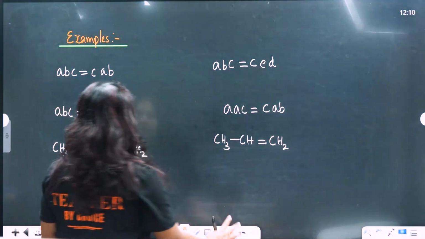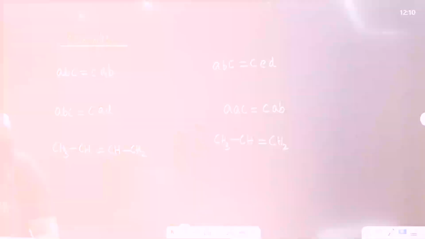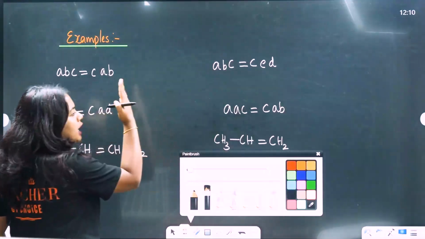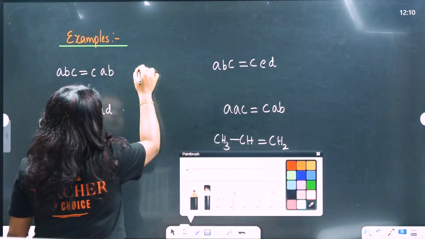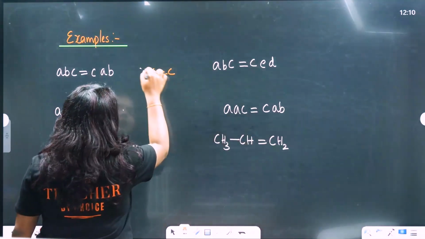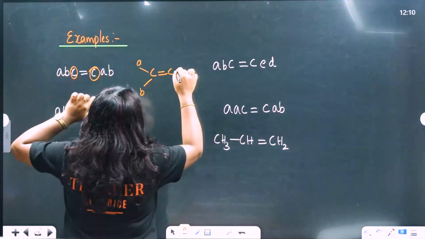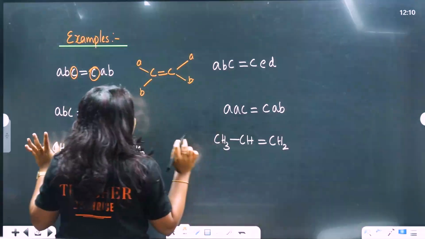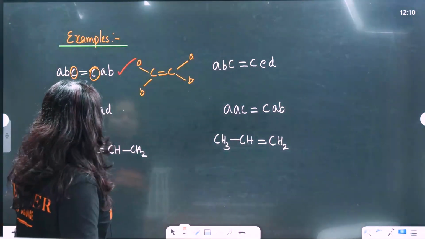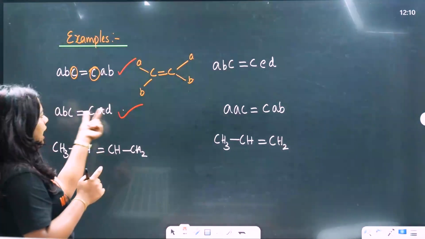These examples are for your understanding. Always remember, the same groups and the two sides of the carbon should have different groups. Here, C double bond C, with A and B on each carbon. Whether this is cis or trans, it shows isomerism. Here also they show isomerism, with AD, which means the A's are the same.